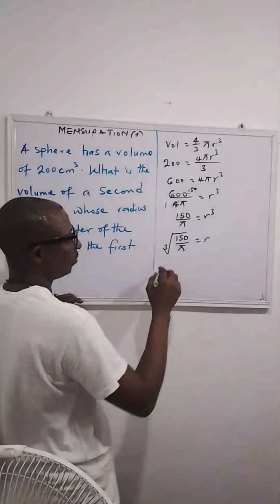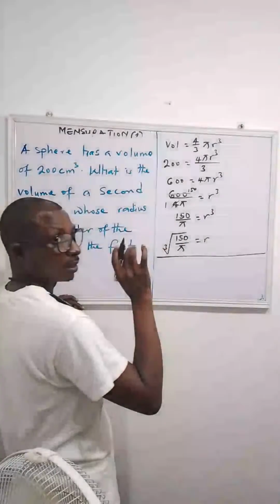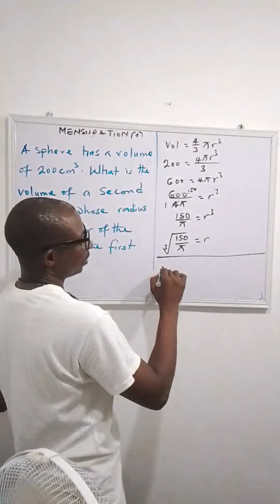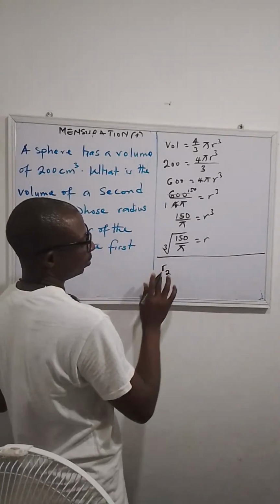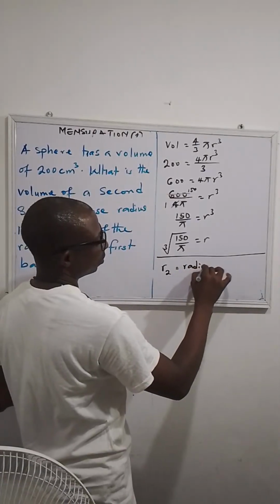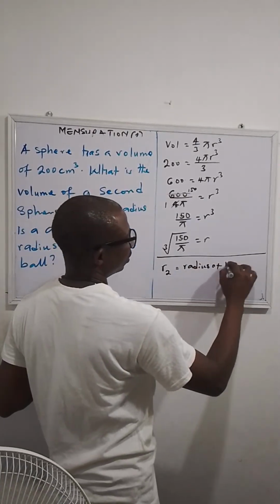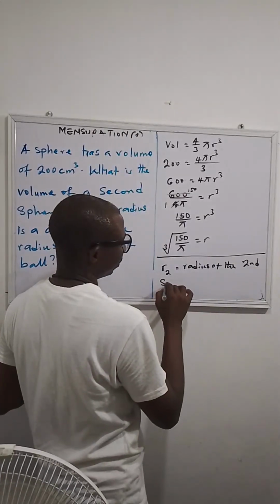Now let's get the volume. Before we get the volume, let us get the radius. Let's call that radius r2, equal to the radius of the second sphere.